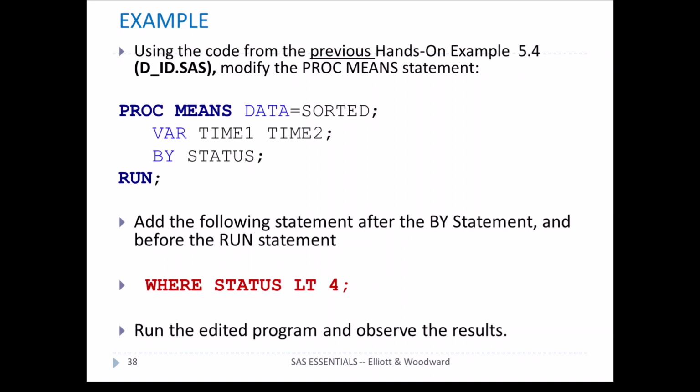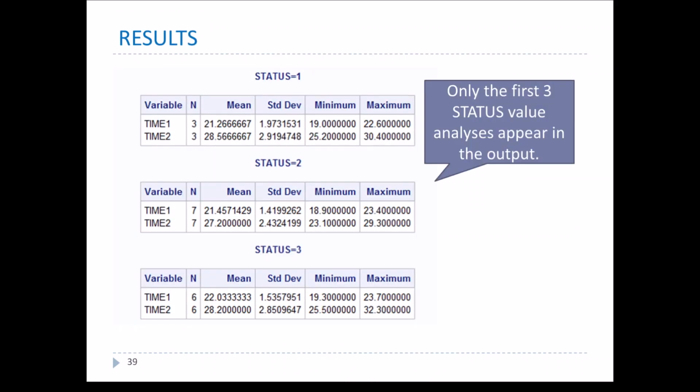However, if we add the following statement after the by statement, so we have by status, then we have where status less than 4, and rerun the edited program, we're going to see that it limits the data that is output. In this case, we said, again, status is less than 4, so we only get the tables for status 1, 2, and 3. So again, we've limited the data that's used in this analysis.